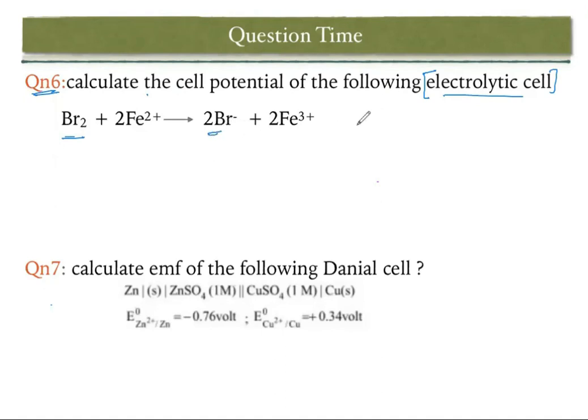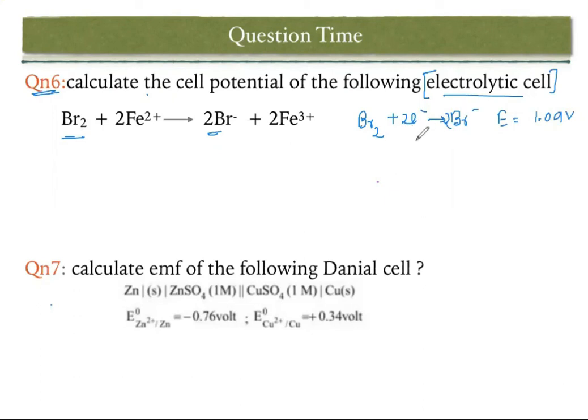There is one table where the reduction potentials of different species are given. So we have to remember some species, like lithium, bromine, copper, zinc. Now the reduction potential of bromine, Br2 plus 2 electrons to Br minus, is 1.09.